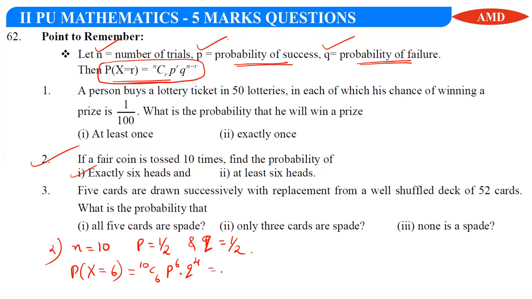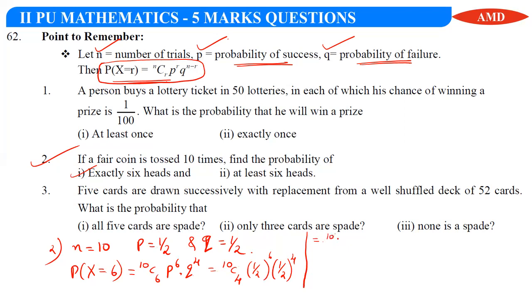This is equal to 10c6, or I could write it as 10c4, it is also equal to, then we have 1 by 2 to the power 6 into 1 by 2 to the power 4.